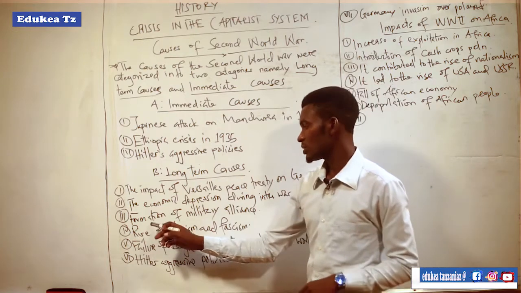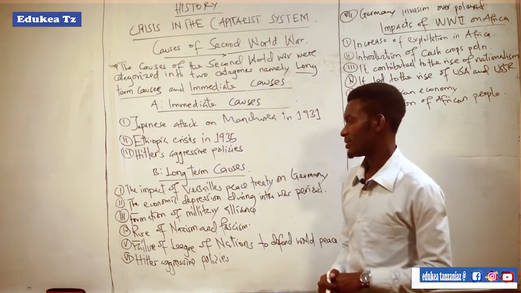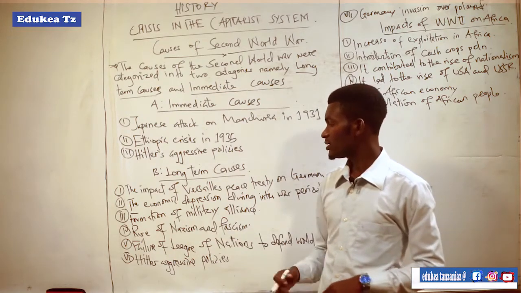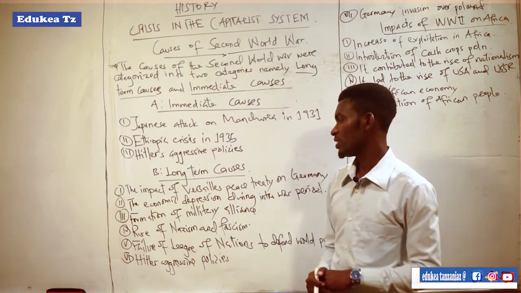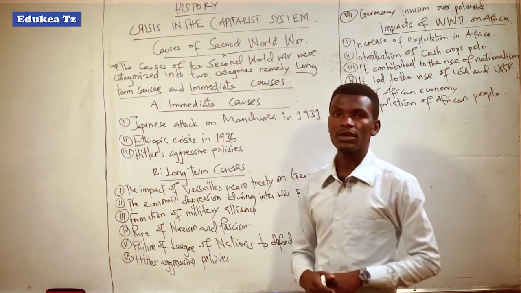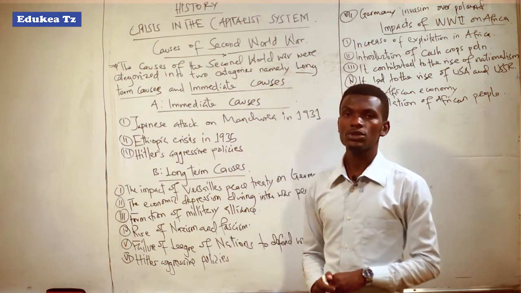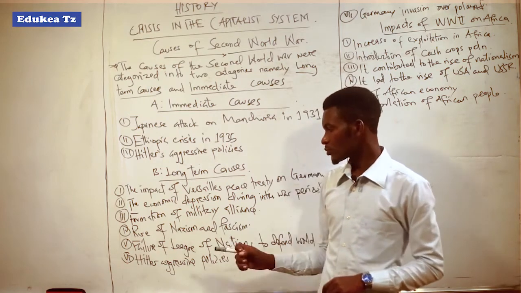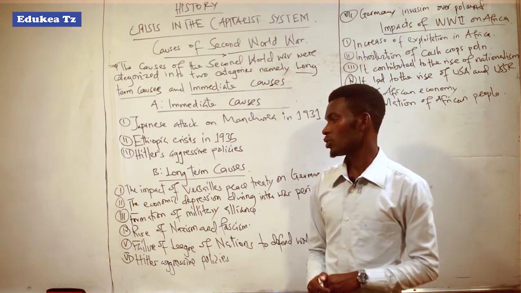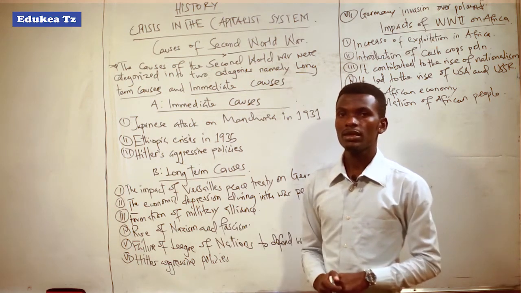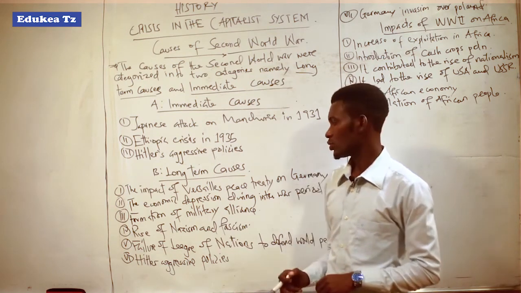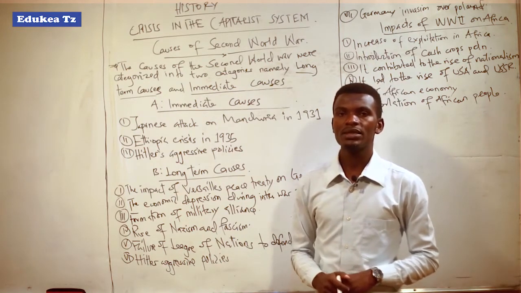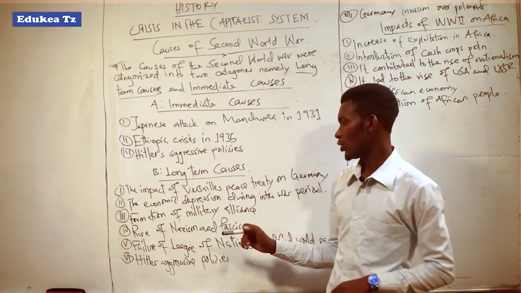But the third one was the formation of military alliances. It means that the European countries formed military alliances. For example, the Axis power, which included Germany, Italy, and Japan, was a military alliance against the Allied power, which included Britain, USA, France, and the USSR or Russia.